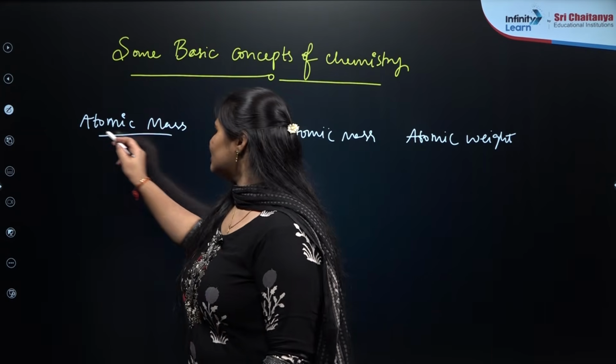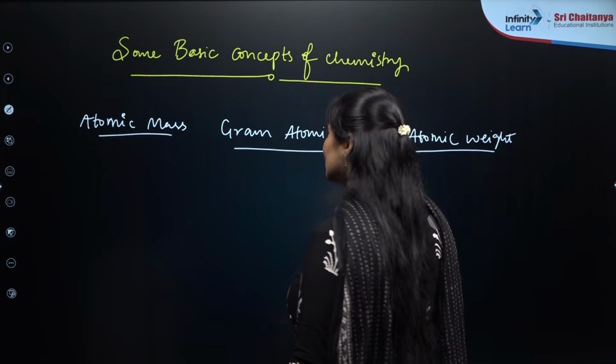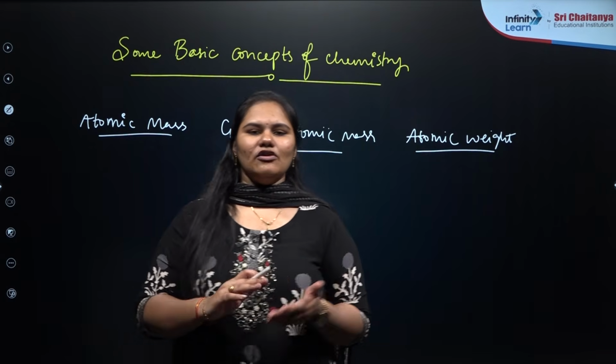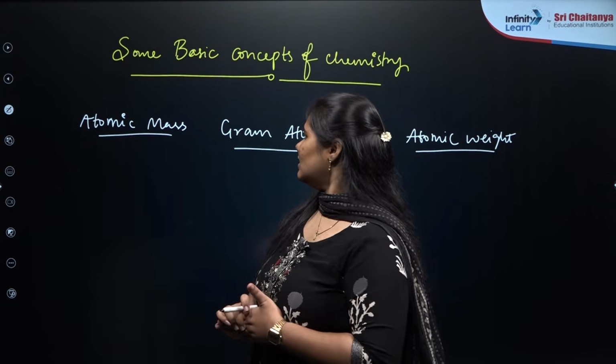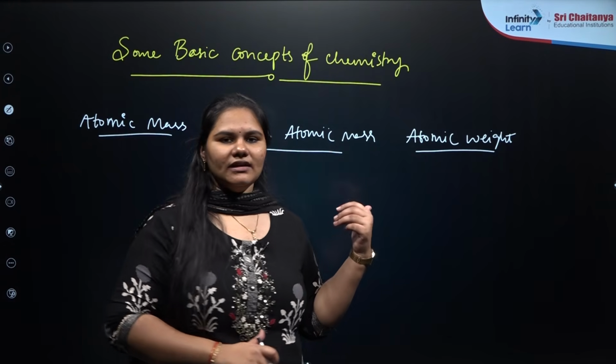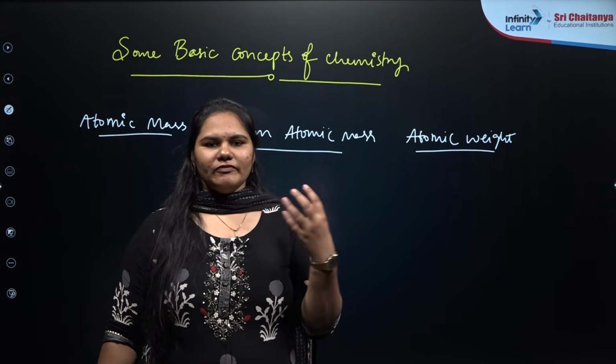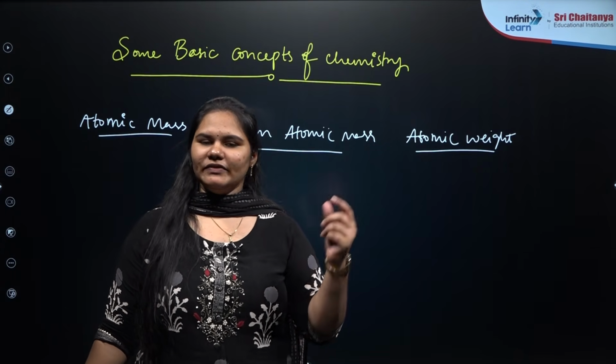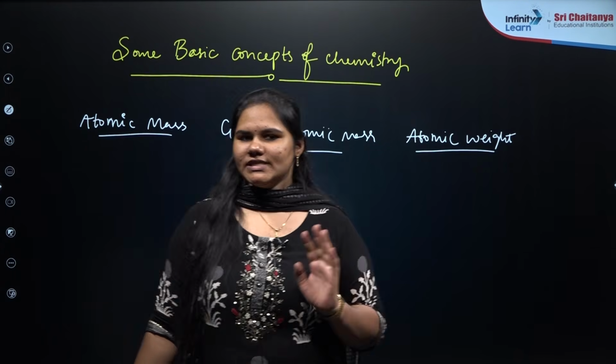But why are there three different words for this? By the end of this class, you will understand the differences between these three terminologies. We basically believe that all these three words are the same, but no, there are differences between them. We will see one by one.